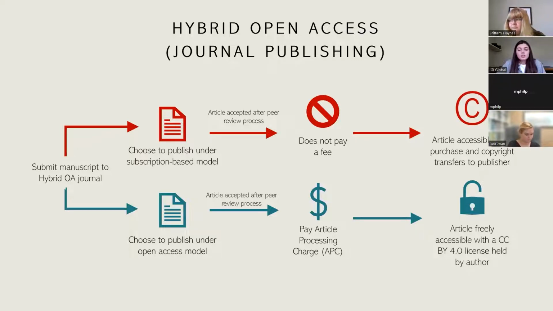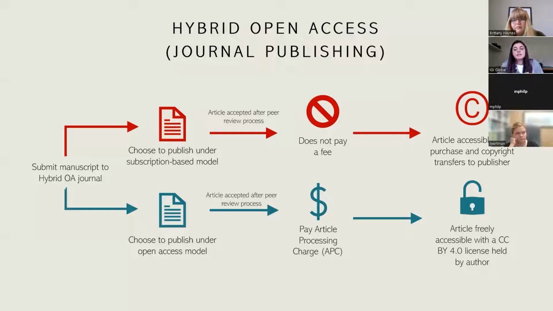When the work is published, the article will be accessible only behind a paywall, and the copyright will then transfer to the publisher. Currently, authors through IGI Global can choose the hybrid route if they publish in one of our journals. However, come 2023, IGI Global's full journal collection will be converting to open access. So all of our hybrid journals that we have currently will be full gold open access in 2023.